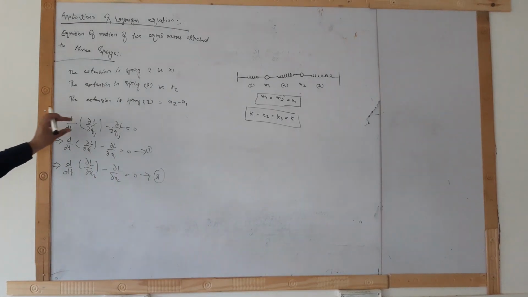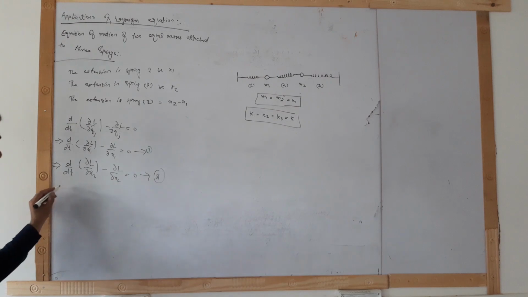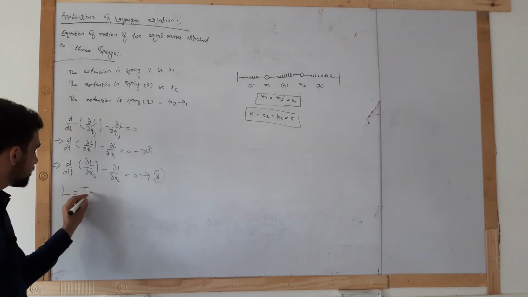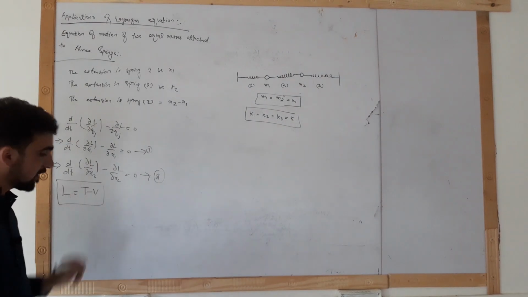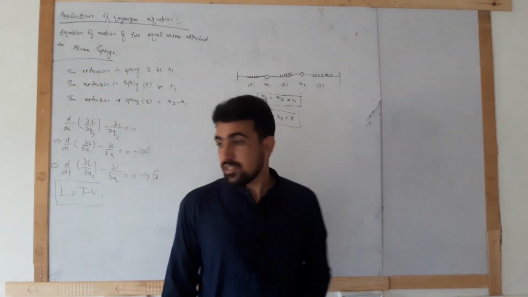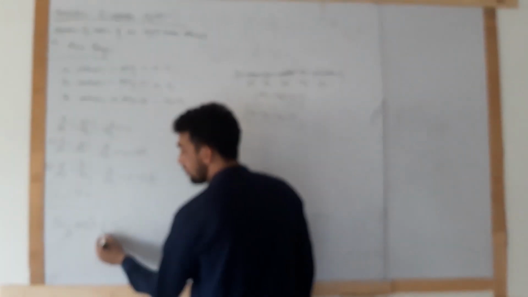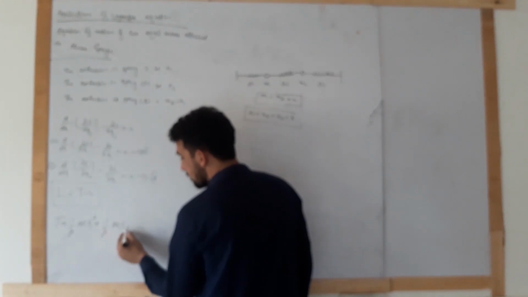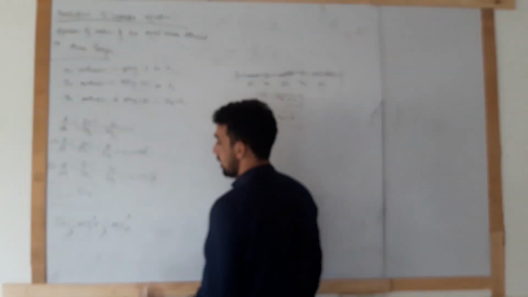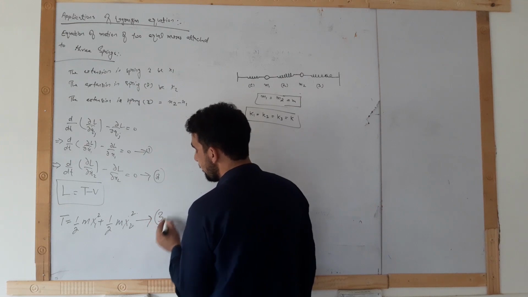Now we have to find L, and we know that L is T minus V. So the kinetic energy of the system T is the sum of half m x1 dot square plus half m x2 dot square. This is our equation number 3.